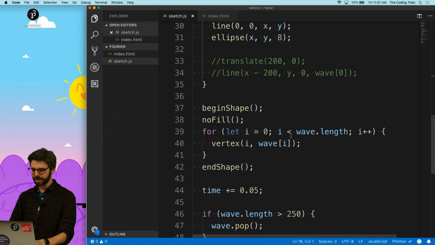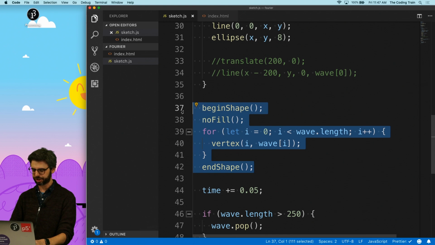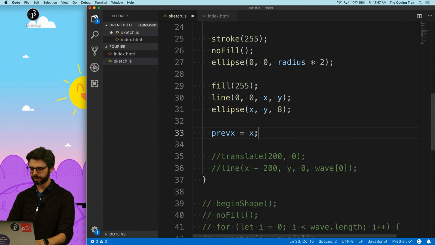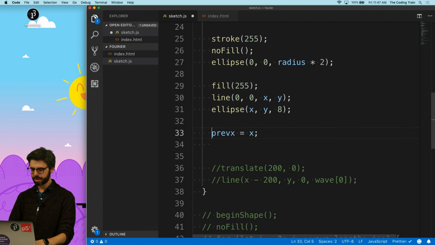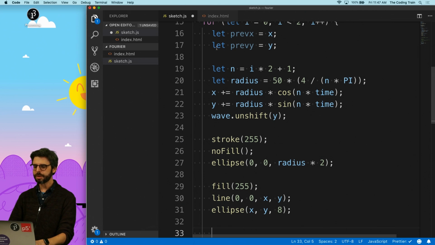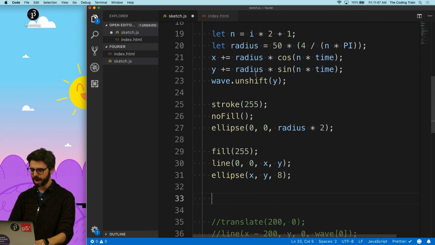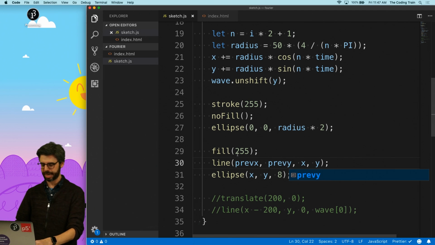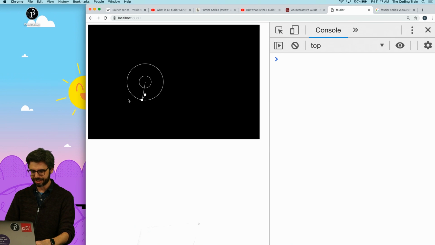So I'm going to take out the wave for a second because I'm going to have to change what I'm doing here. And then I'm going to just say previous x equals x, previous y equals y, and then the line is going from those. Like it's not always going from 0, 0, it's going from the previous x, y. So now that's right.